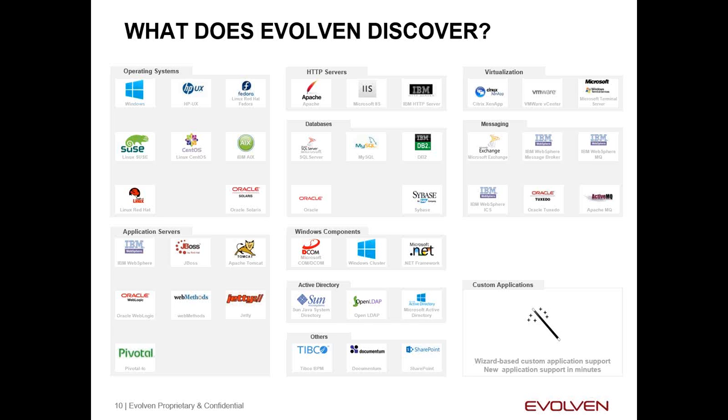And then even if there was something outside of the kinds of things that Evolvin discovers out of the box, they can very easily be incorporated using a wizard. So if you have a directory or if you have an application that runs as a process and you want to collect configuration information about those systems, it is very easy to incorporate as long as it has configuration stored in files or accessible via API. All of those things are very easy to bring into the Evolvin product.